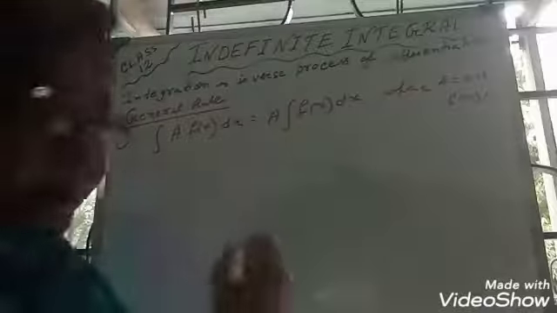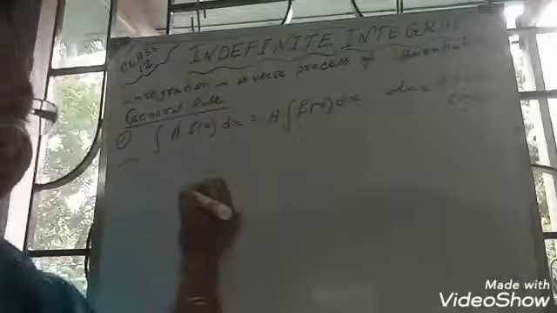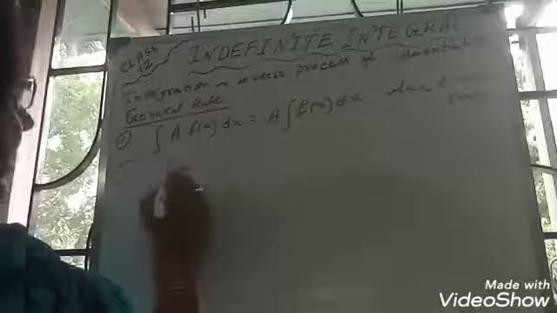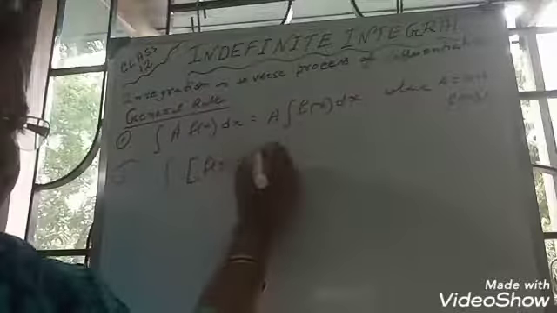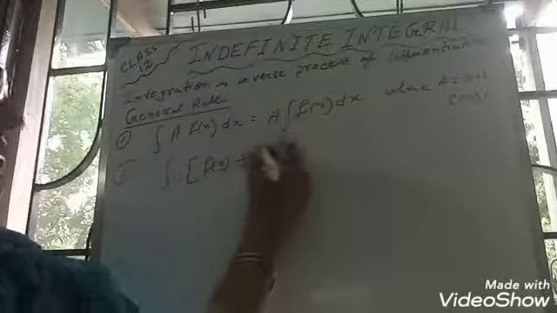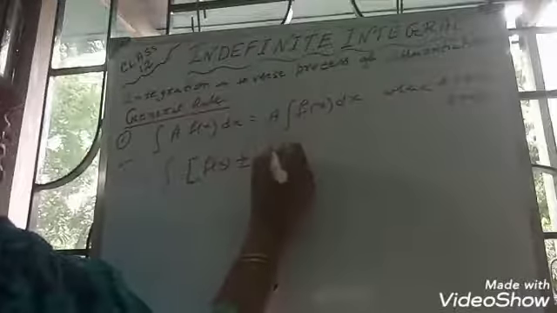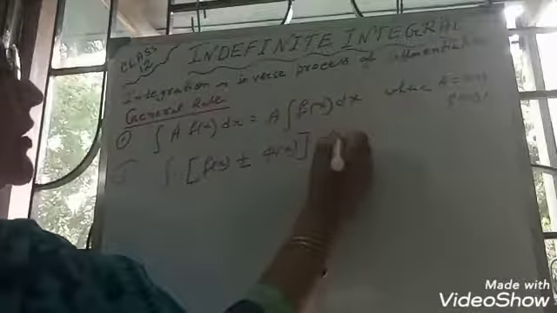Next rule: for any functions f(x) and phi(x), we can write integral of f(x) plus or minus phi(x) dx is equal to integral f(x) dx plus or minus integral phi(x) dx. This can be separated. These are the general rules.